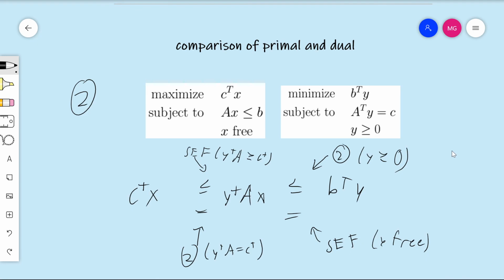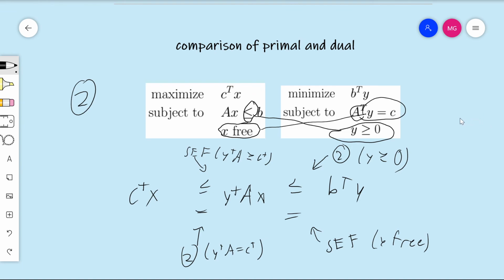So yes, you can see this relationship between constraints in the primal and variables in the dual, and variables in the primal and constraints in the dual. So let me just draw that out. We have less than or equal to constraints in the primal, and that caused the variables in the dual to become non-negative. And kind of vice versa, we had free variables in the primal, and that caused the constraints to be equals to constraints in the dual.